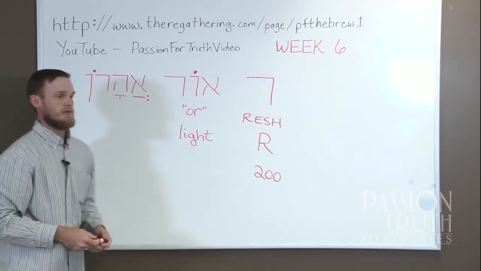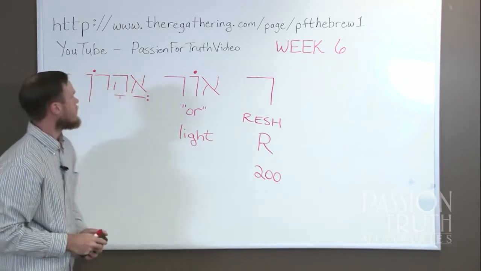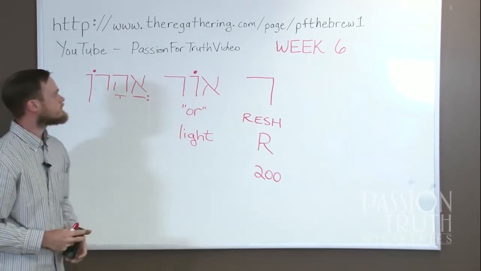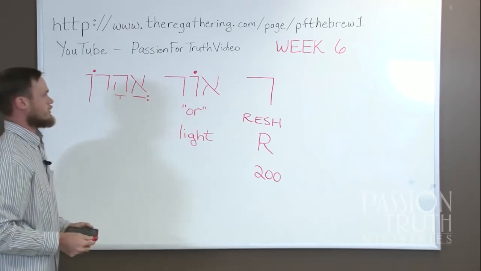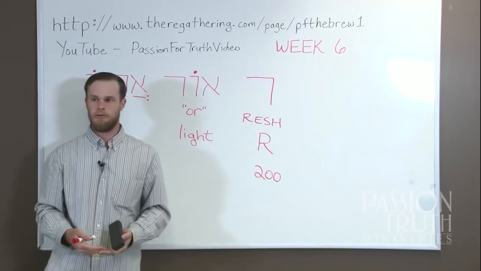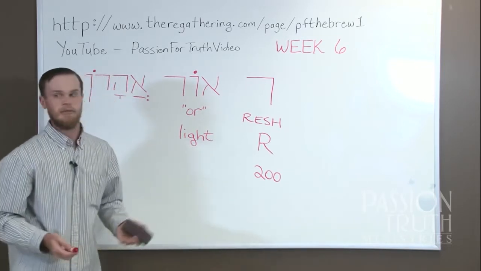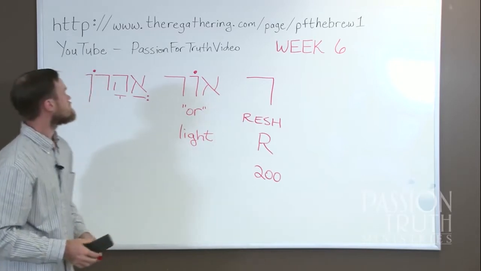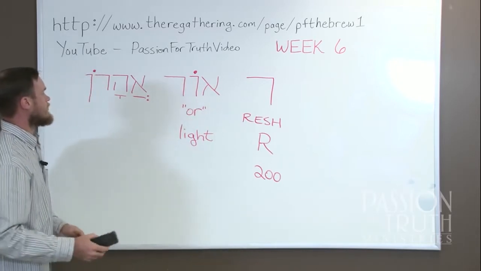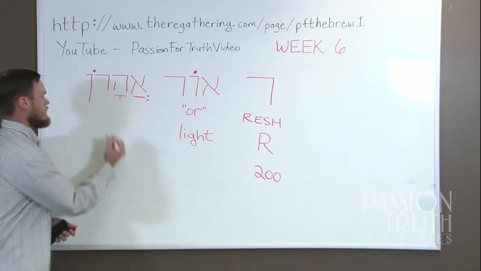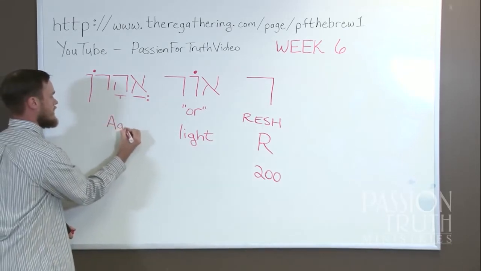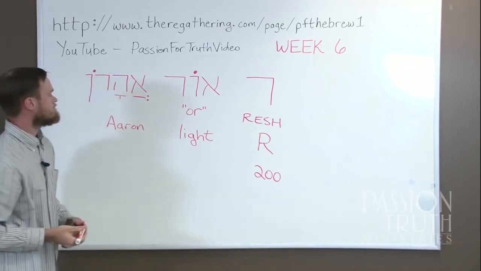Aharon, the brother of Moses, the first high priest. It's thought to come from or. So it would mean enlightened one or something to that effect. Or the light bearer, maybe. Yeah, and that is the name Aaron.